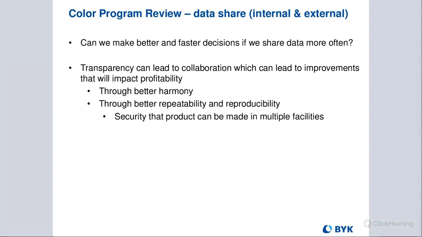So we make it where you can make mini databases and then email that data to either your supplier or to your OEM so that you can view the data together. And this is really important because the transparency of the data helps people work better together. So instead of blaming someone for something not being correct, everyone's working together to make improvements and get better color harmony.